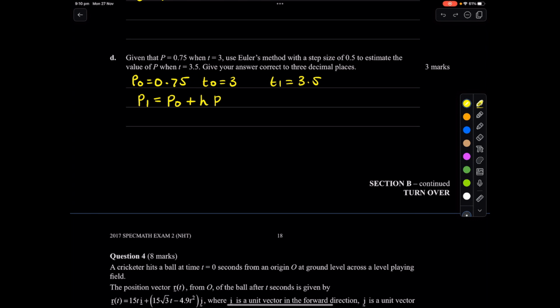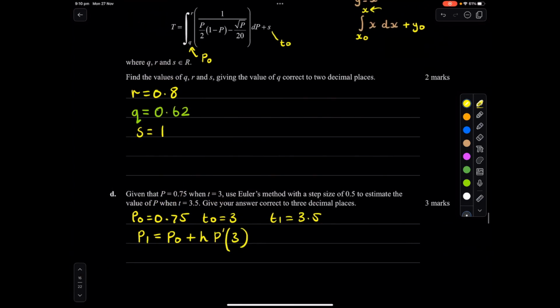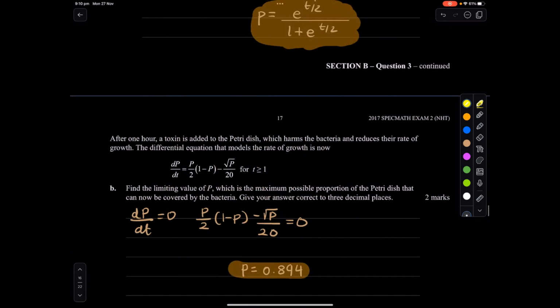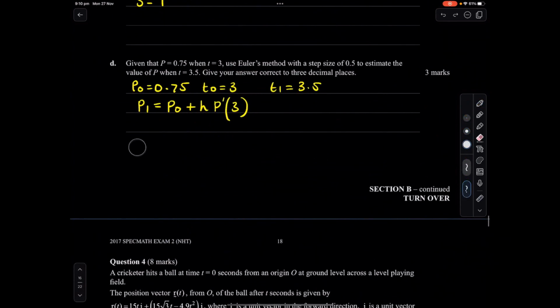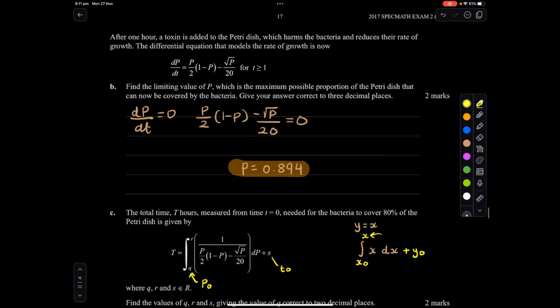So this is our P dash over here, dP/dt. Let's write the whole equation. P1 is P0, 0.75, plus H, which is 0.5, times P dash of 3, which is just subbing 3 into this.